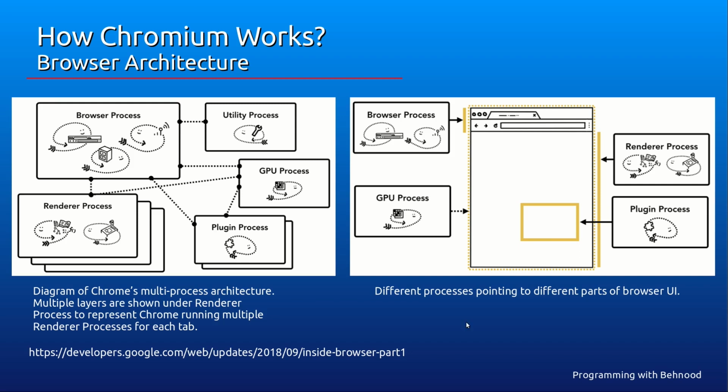Each process controls something. For instance, as you can see in here, the browser process controls address bar, network request, and bookmarks. And the render process controls anything inside the tab.